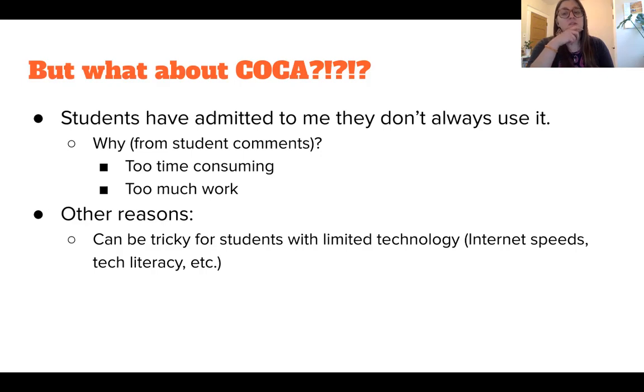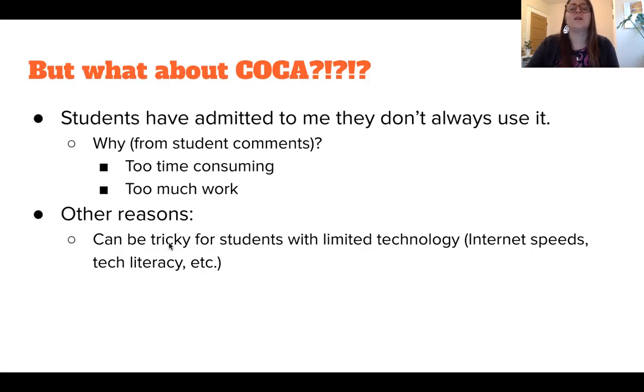But for every single assignment, they didn't realistically always have the time. And these are actual student comments. Please don't get angry at me. Don't send me an email like, hey, Heather, I think you're teaching terribly. These are students' comments, and I couldn't force them. I wanted them to use COCA, but they told me they use it sometimes, but not all the time. They would say it's too time consuming and too much work. Not all, but there are students who would admit this.